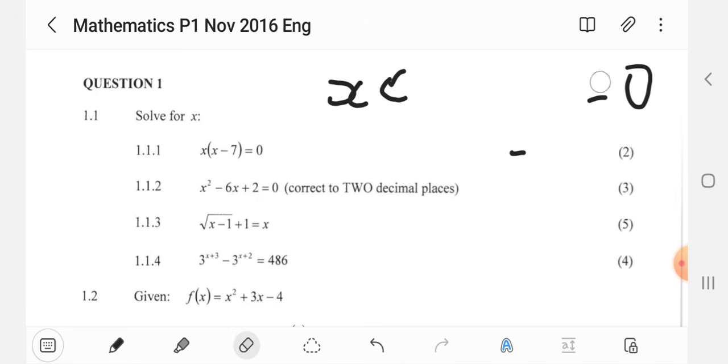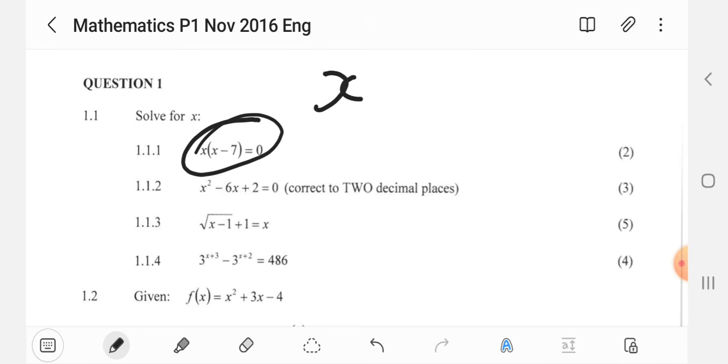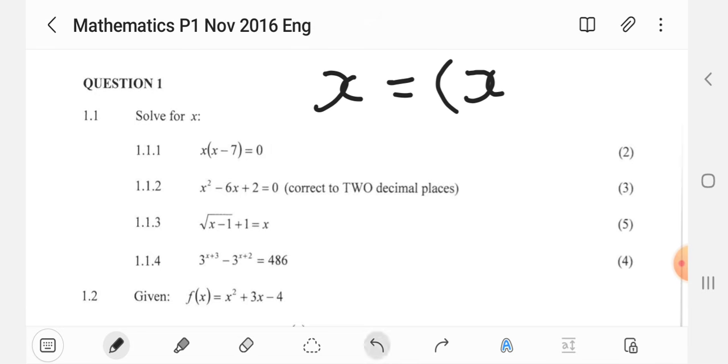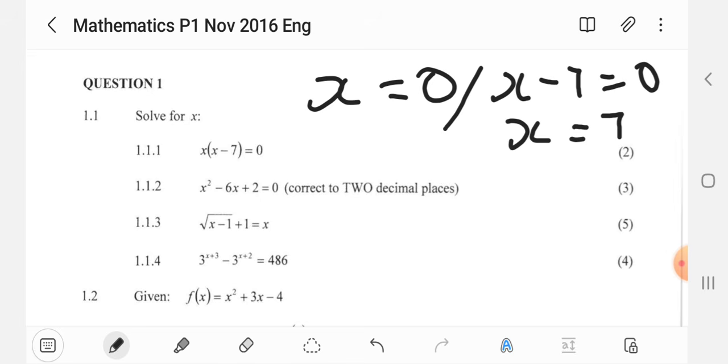So if you do not know your basic maths, then I'm here to help you know. So with this one here, we will just say x equals to 0, and then x minus 7 equals to 0, which means x equals to 7.